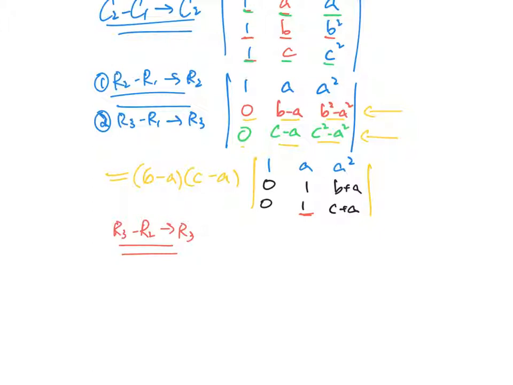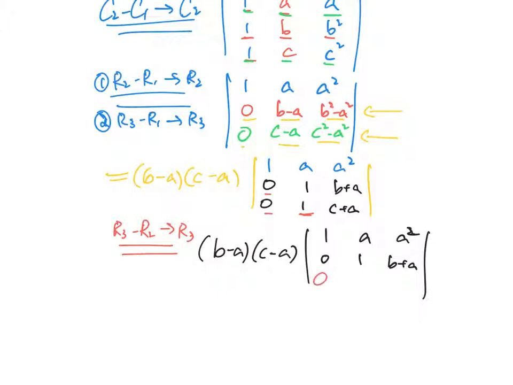Now you will have the following: b minus a and c minus a, taken out as common factors already, and 1, a, a squared, no change for row 1, and then row 2, 0, 1, b plus a, no change. Finally, the only thing changed will be 0 minus 0, you have 0; 1 minus 1, you have 0; c plus a minus b plus a, you have c minus b. So let's pause for a while to see whether you can follow.